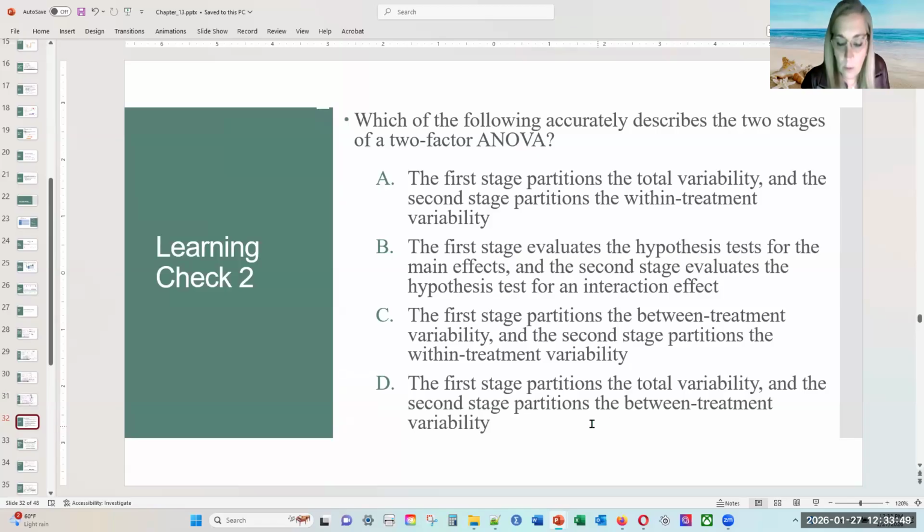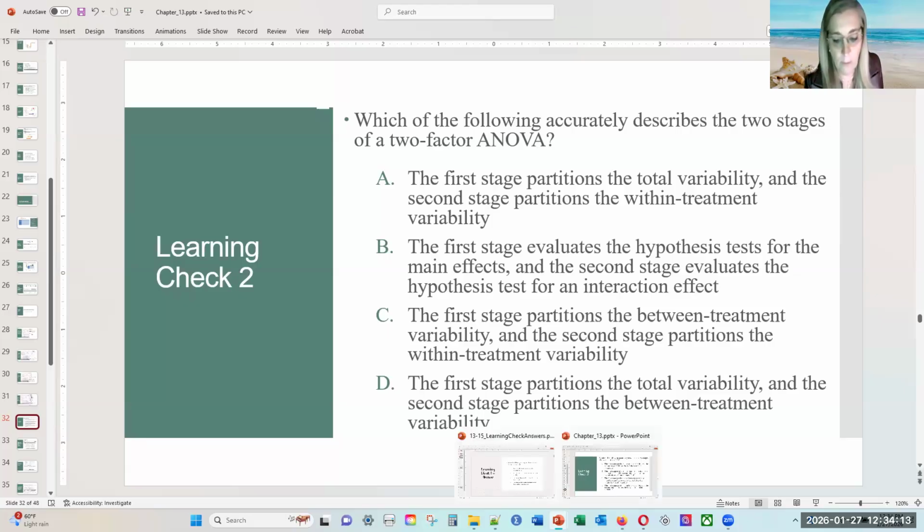All right, so here's a learning check 2. Which of the following accurately describes the two stages of a two-factor ANOVA? And remember, it's going to take a little while to get a feel for the steps that are involved because there's so many of them required for a factorial ANOVA.